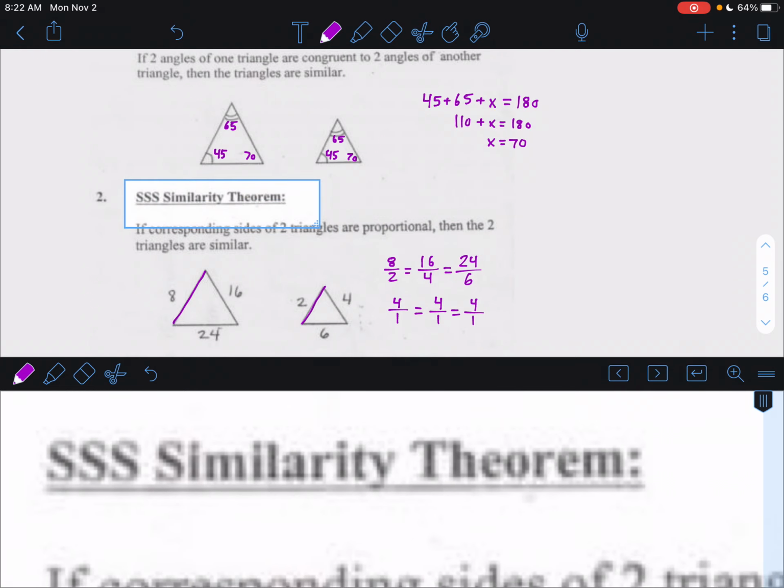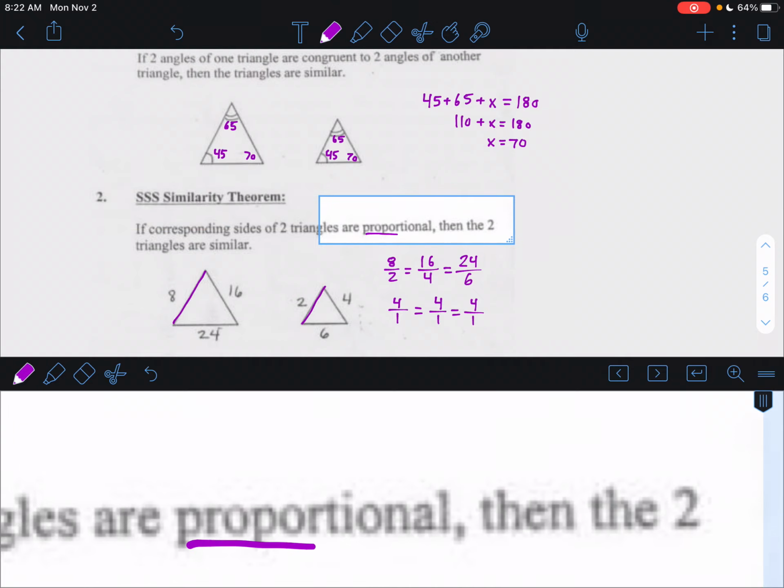And SSS is one of them that was a congruence theorem as well, but the SSS similarity theorem, it's exactly the same, except it has this word proportional. On the congruence theorem, it had congruent. So if all three sides are proportional, then they're similar. If all three sides are congruent, then they're congruent.